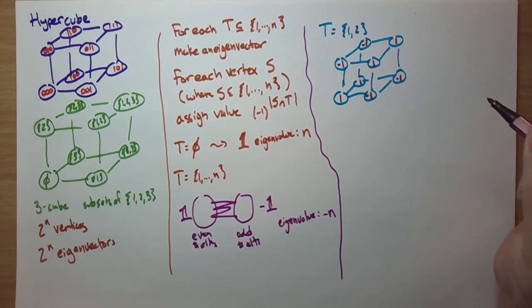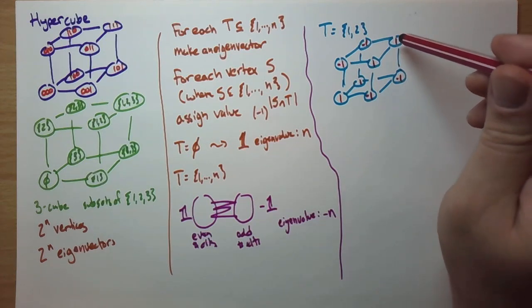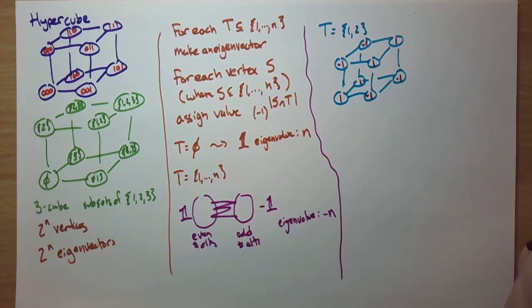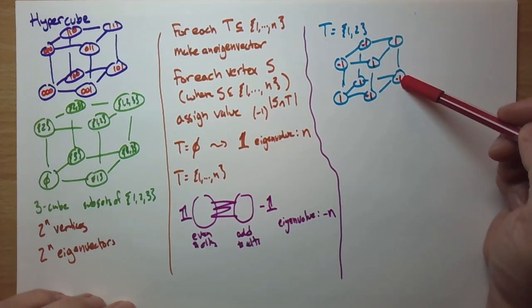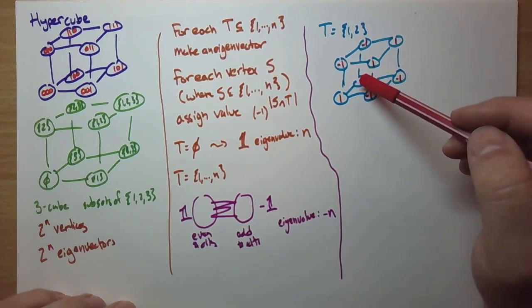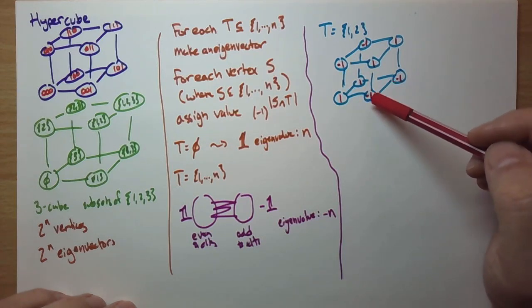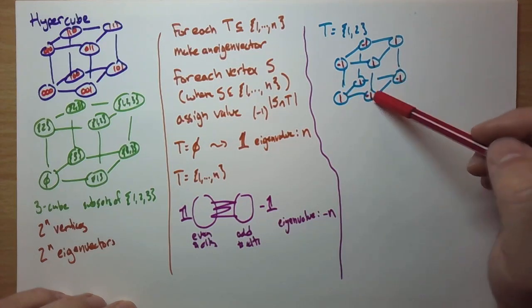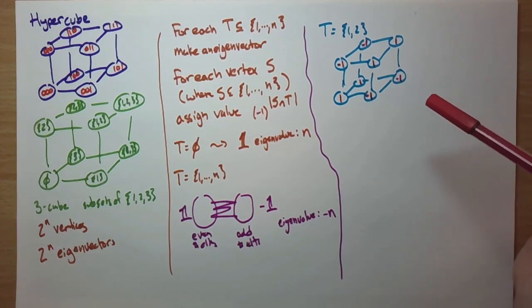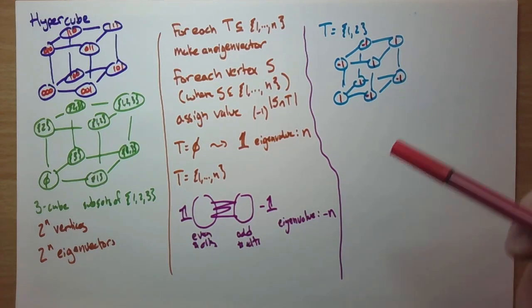Now, can you see what the eigenvalue is for this particular one? Hint, just pick a 1 and add the neighbors. Minus 1, right? Because no matter which neighbor you pick, which just has all 1s, the sum of the neighbors is minus 1. And if you pick a minus 1, well, the sum of the neighbors will all be plus 1, which is consistent because you want minus 1 times minus 1.